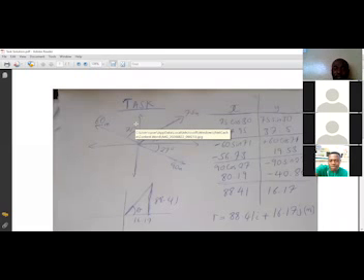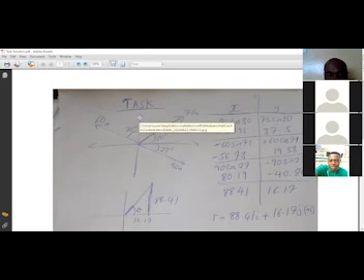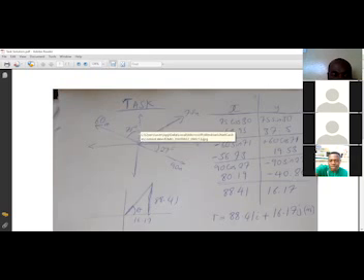I've already been saying that if two angles add up to 90, the sine of one is equal to the cosine of the other. Why? Because if you finish the triangle starting from the top, this side is equal to that side, and this side is always equal to that side.